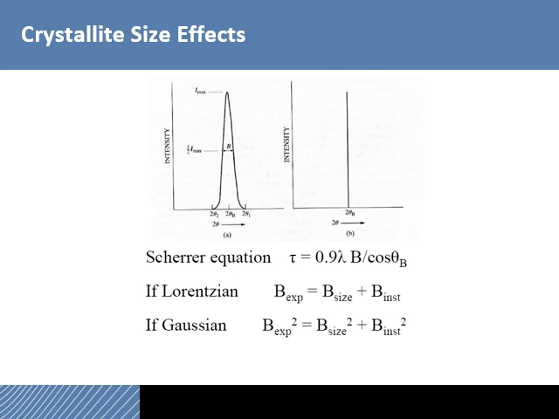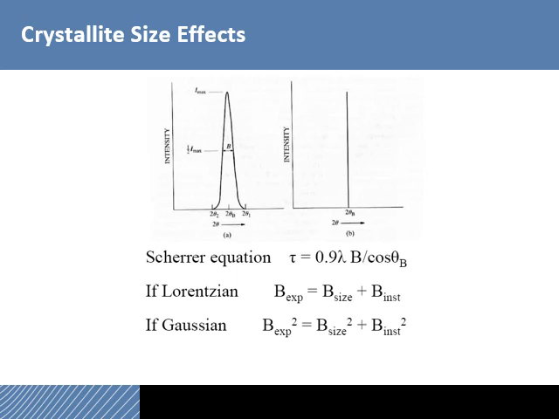If it is Lorentzian, then the total B value in the Scherrer equation is the sum of the B value from the size of the crystallite and the contribution to the peak broadening from the instrument. If it's Gaussian, it'll be the square of those values. So it's just something to be aware of.